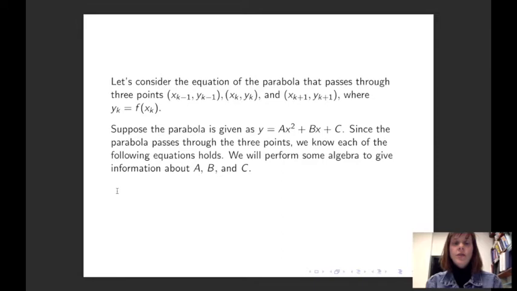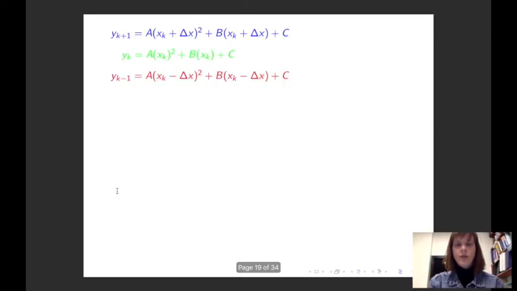Suppose the equation for the parabola is given as y equals ax squared plus bx plus c. We will perform some algebra to give us more information about a, b, and c. If I plug each of these x values into the equation for our parabola, I'm going to get these 3 different equations. Now remember, x sub k plus 1 is the same as x sub k plus delta x.